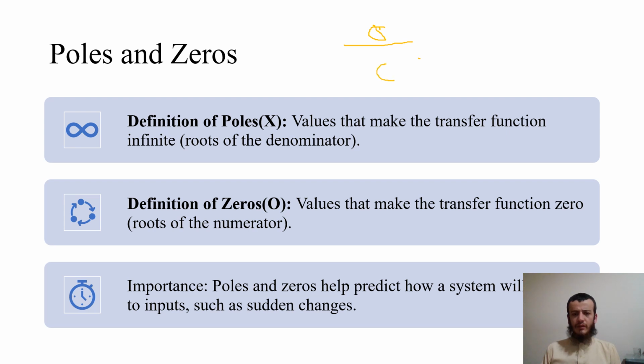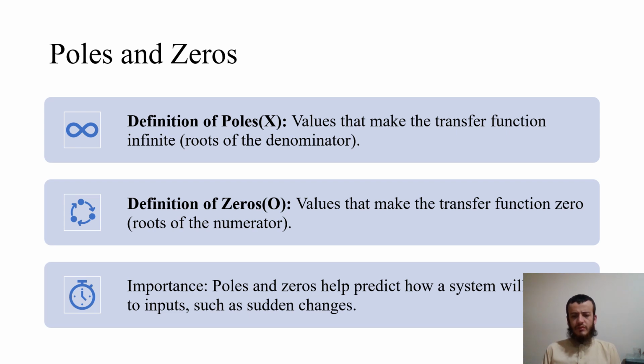If we have any value that makes the numerator 0, the function will become 0. This is shown as a circle, or simply O, and it is denoted Z.